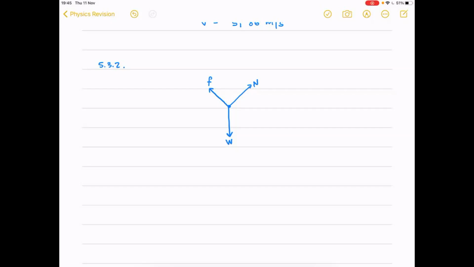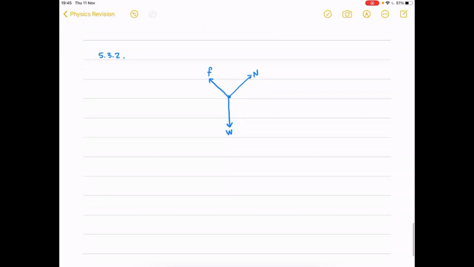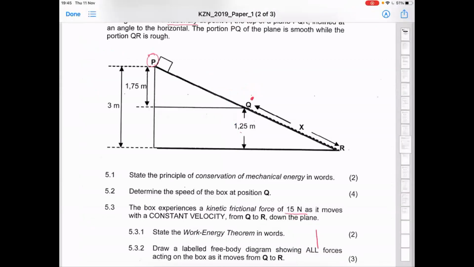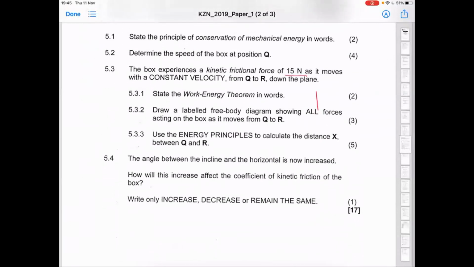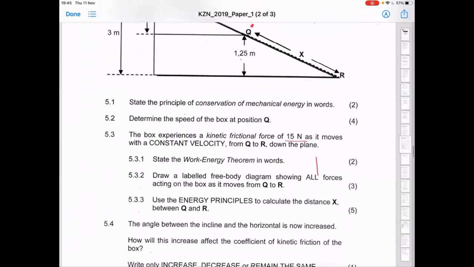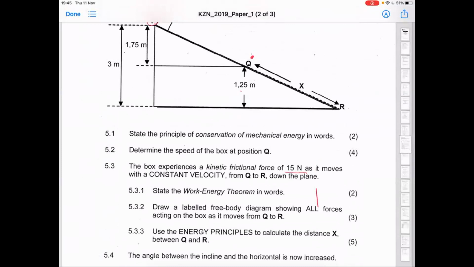Okay, when you have the free body diagram, now they want to ask us another question. Use the energy principles to calculate the distance x between Q and R. Between Q and R, what is the distance x?